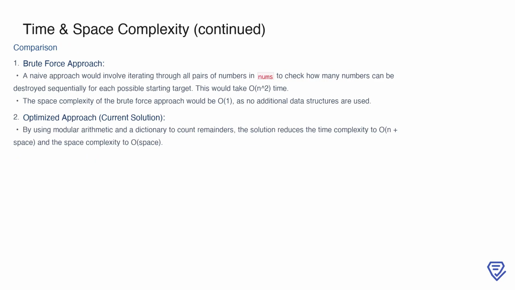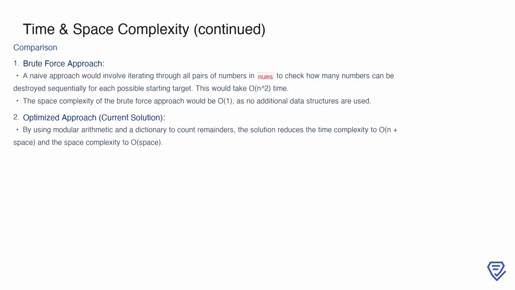To better understand the efficiency of the current solution, let's compare it to a brute force approach. In a naive solution, we would iterate through all pairs of numbers in nums to determine how many numbers can be destroyed sequentially for each possible starting target. This would involve nested loops, leading to a time complexity of O(n squared).